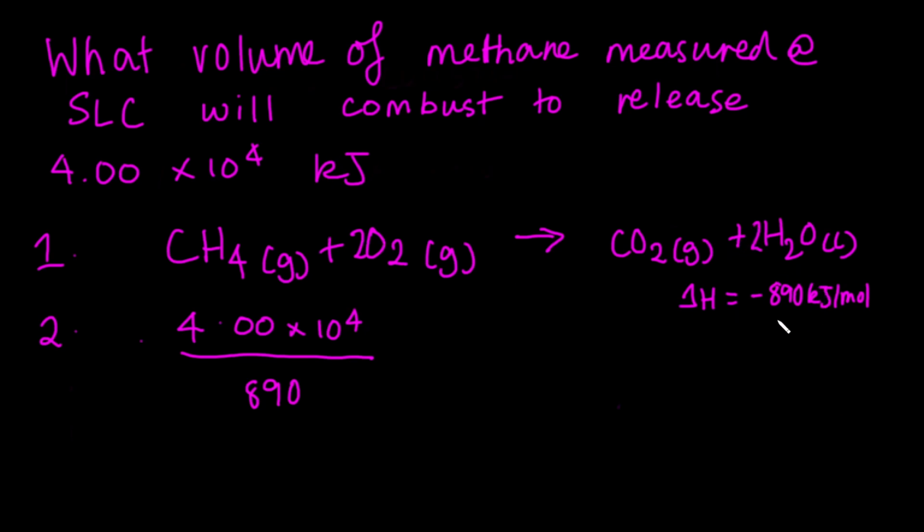We could have just started with this number and got to this step. But if there's a second part which asks about utilizing the mole ratios to find out how much water is produced, then it's handy to have this equation here as well. That's going to give us a value of approximately 44.9 moles.